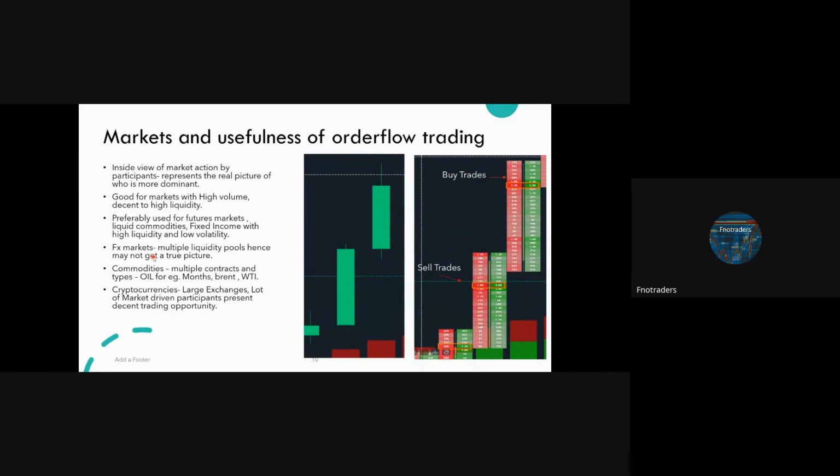Every order eventually goes into the NSE exchange, which is not the case with crypto and FX, so you have to be mindful of that. But if you take the large exchanges, you'll still get to understand a bit of what is happening there. So when you're using it in markets other than index futures, commodity futures or fixed income futures, please be mindful of that factor.